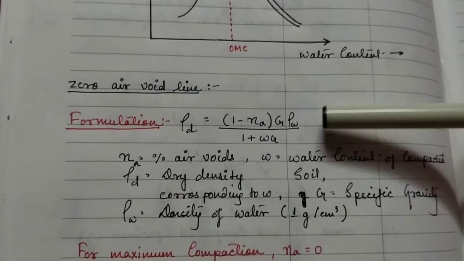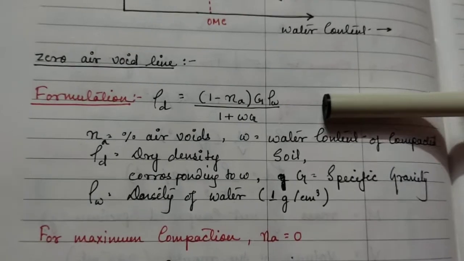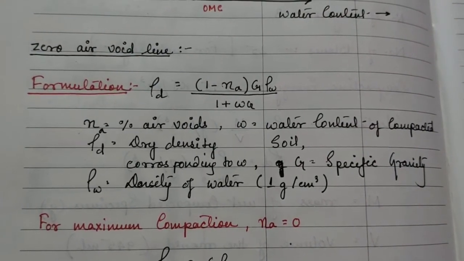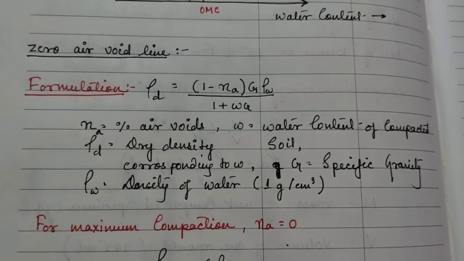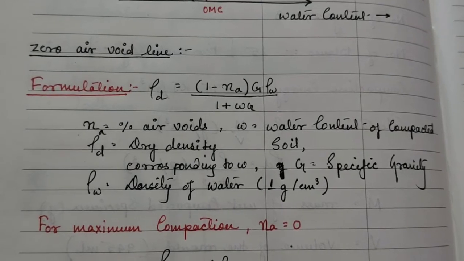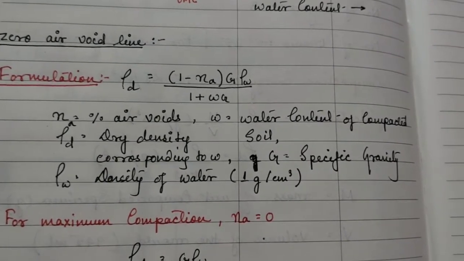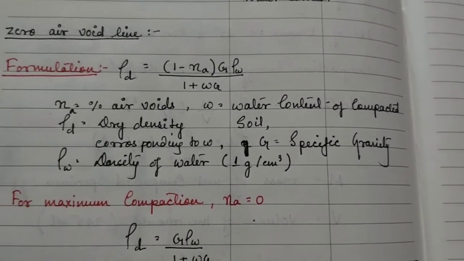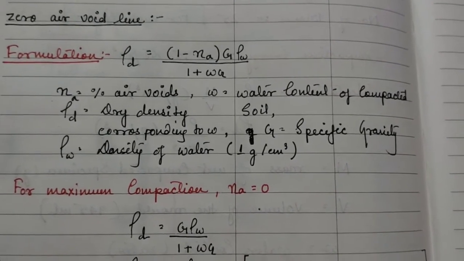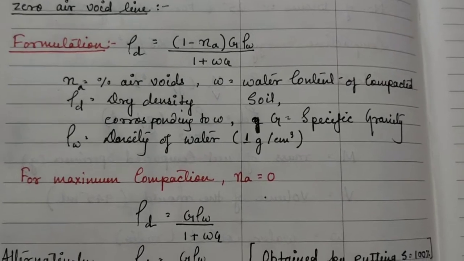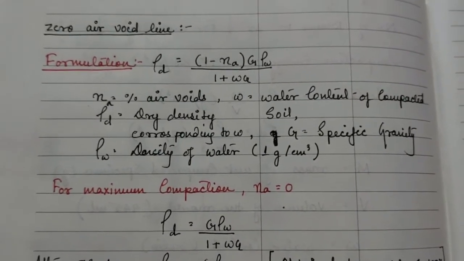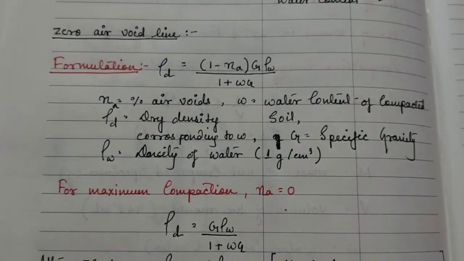It can be established from this formula, where rho d equals (1 minus na) times G times rho w, divided by (1 plus wG). Here na is the percentage air void, w is the water content of the compacted soil, rho d is the dry density corresponding to the water content, G is the specific gravity, and rho w is the density of water, taken as 1 gram per cc.